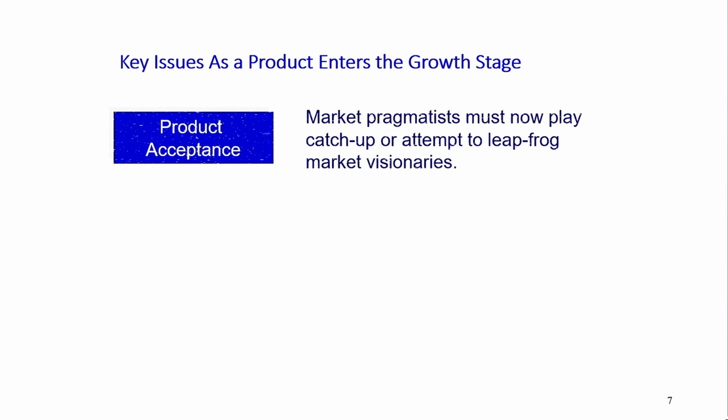So, key issues as a product enters the growth stage are the following: product acceptance, because the pragmatists must now play catch up. They will be rapidly adopting, and the volume will increase and exceed the volume of the previous stage.